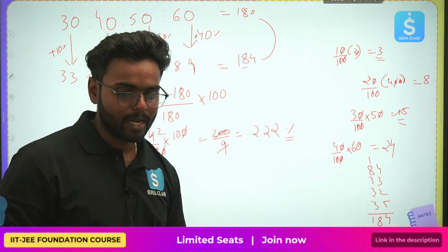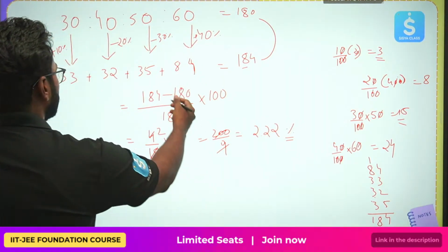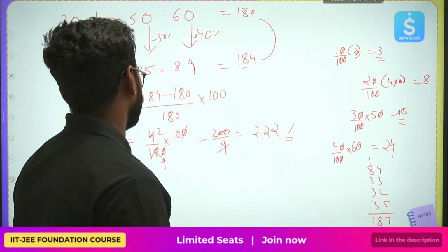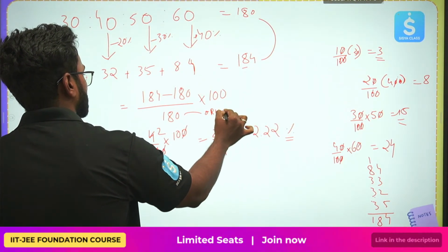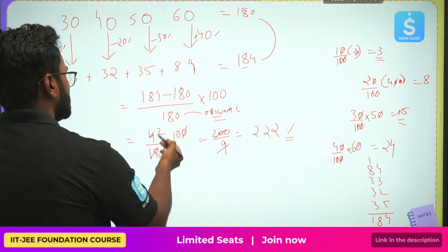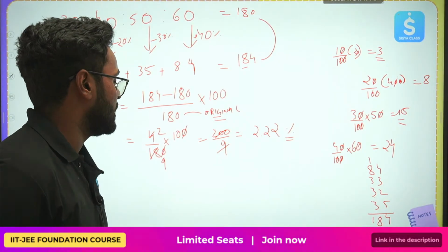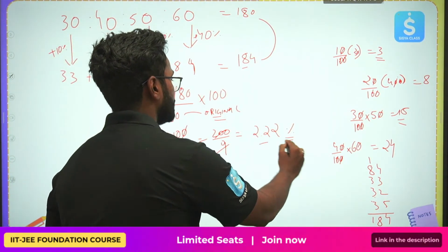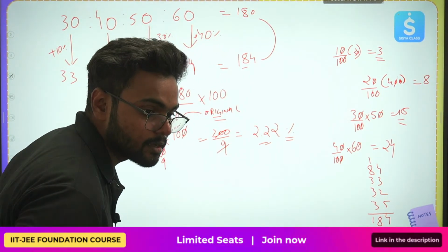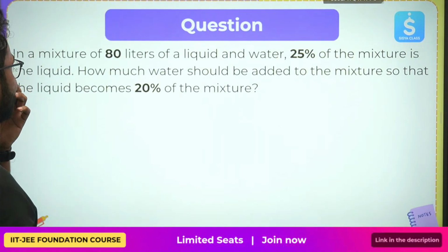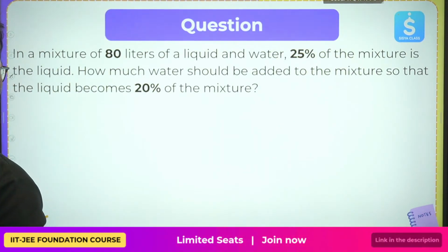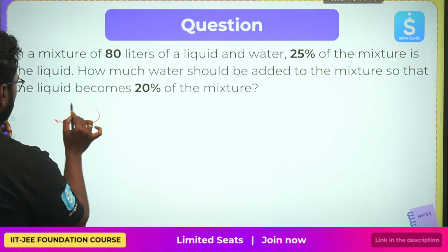Previously it was 180. The percentage change would be 184 minus 180 upon 180, which was the original. So the difference is 4 upon 180 into 100, which is 2.22%. Right?